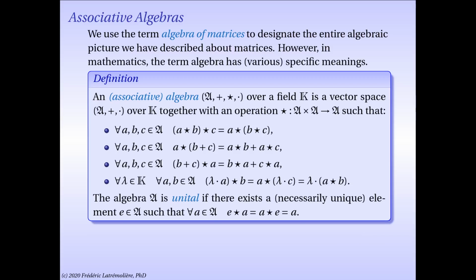While not all associative algebras are unital, if a unit exists, it must be unique. This is a standard consequence of associativity. Last, there are other types of algebras in mathematics, such as Lie algebras or Jordan algebras. Nonetheless, when we talk about an algebra without specifying which kind, we mean an associative algebra.